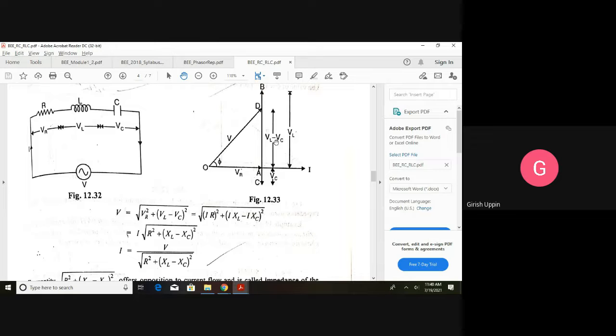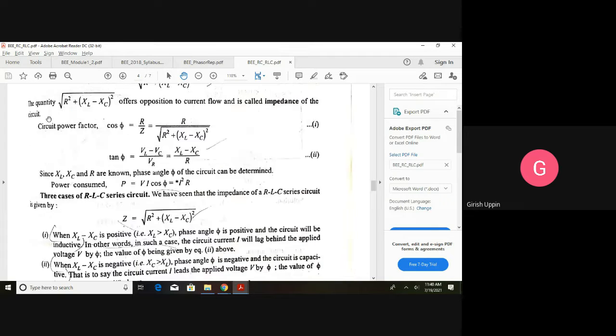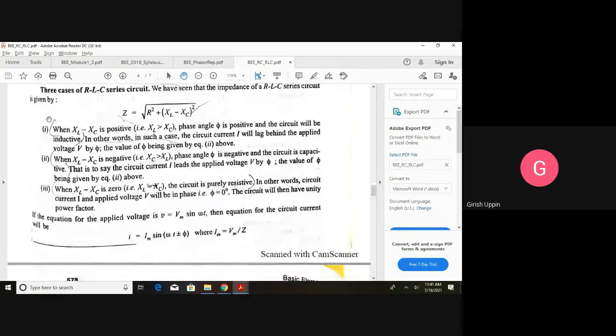Let us say both are equal, VL minus VC. If both are equal, this value will become 0. So D will come to the point A. So what will happen? V is equal to VR. Meaning, as if these two are not there, it will behave as a pure resistive circuit. So those are the three different scenarios we have.